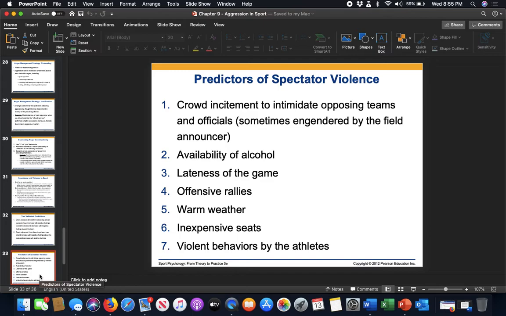Inexpensive seats. There is some correlation they have found that individuals who sit in the cheaper seats, or the nosebleed, whatever way you want to call it, there is some correlation between that and violent behaviors. Growing up where I did, you look at the old Yankee Stadium and you had the bleacher seats out in right field, and that's where you saw fights happen all the time.